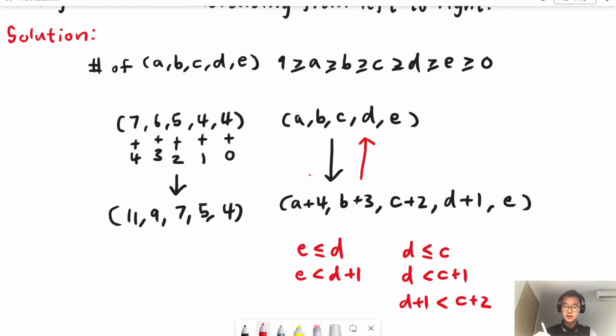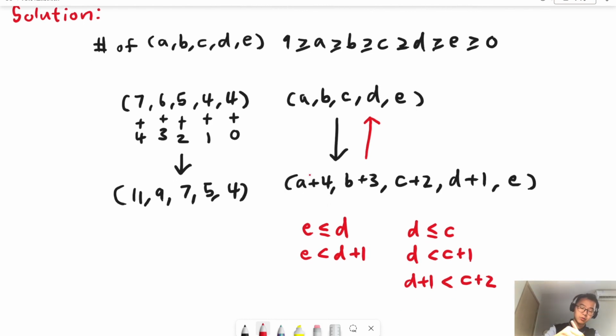This tells us that the transformation I did was a bijection. So basically it means that the number of old orderings equals the number of new orderings. So originally we wanted to count the number of old orderings, and it was hard because the digits weren't distinct. Now we just need to count the number of new orderings, and it's easy because the numbers are distinct.